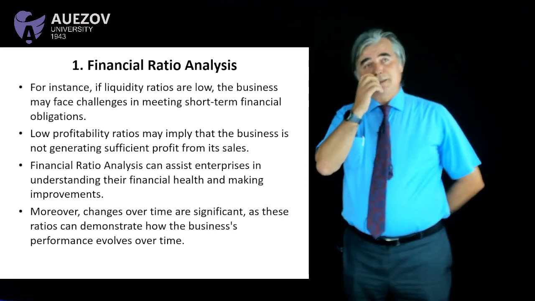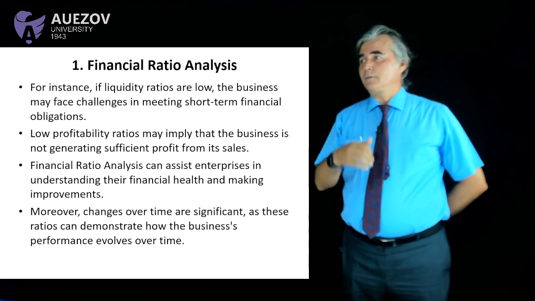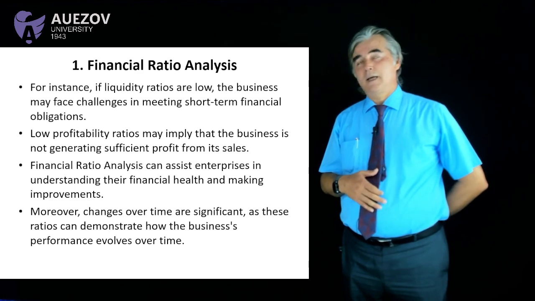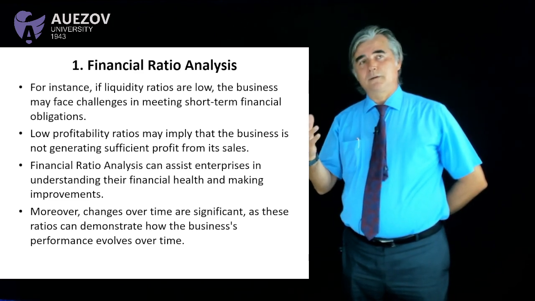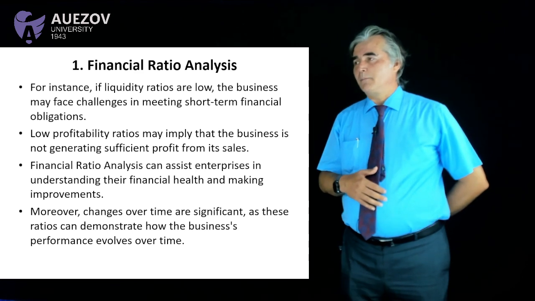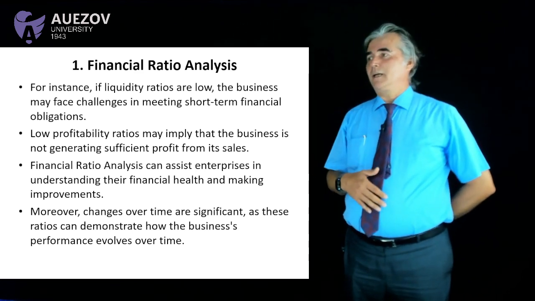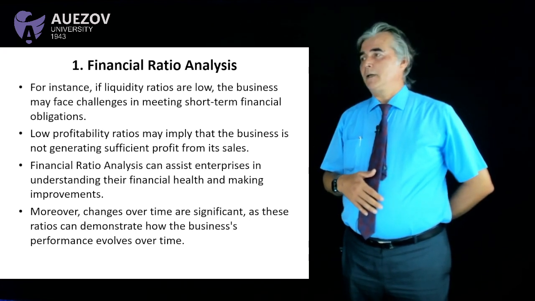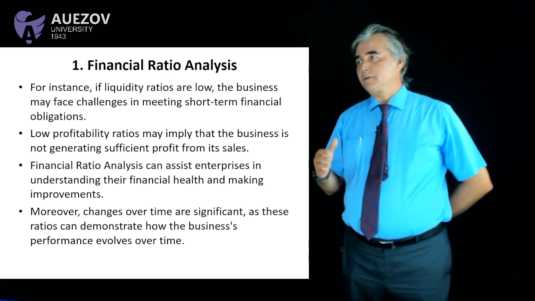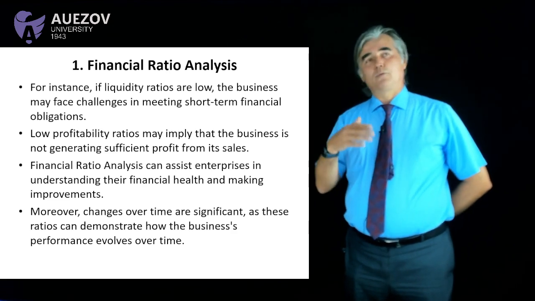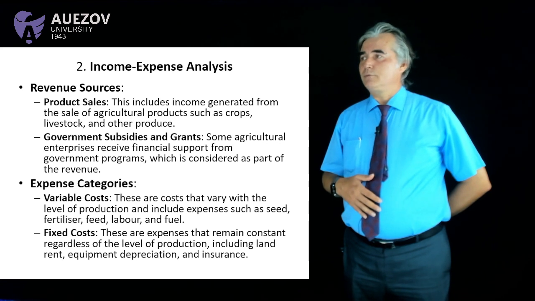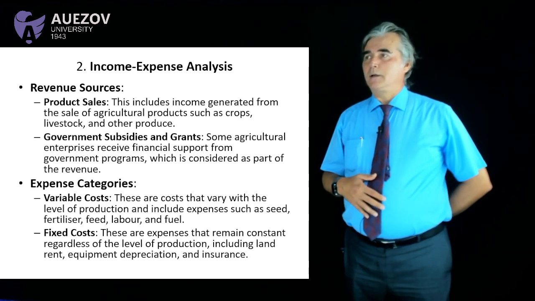These analyses, financial ratio analysis, can assist an enterprise in understanding its financial health and making improvements. Moreover, change over time is also significant, as these ratios can demonstrate how the farm's performance evolves over time.